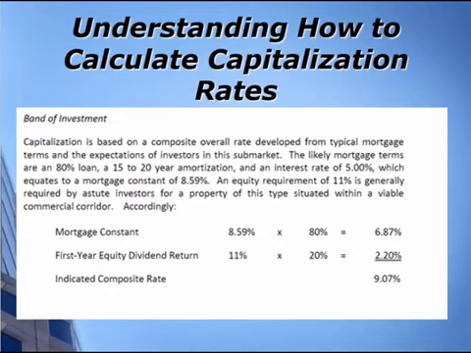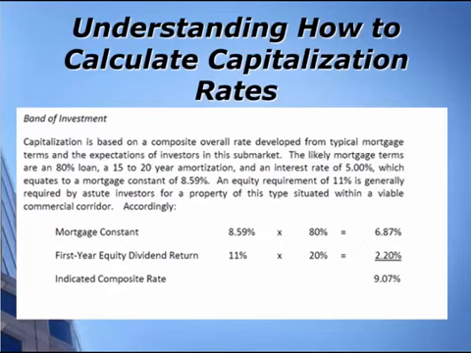So we take that 11% times the 20% and it comes up with 2.2. You add those two numbers together, 80 plus 20 equals 100, 6.87 plus the 2.2, and you come out with a composite cap rate of 9.07. And so the cap rate on this particular deal is 9.07.